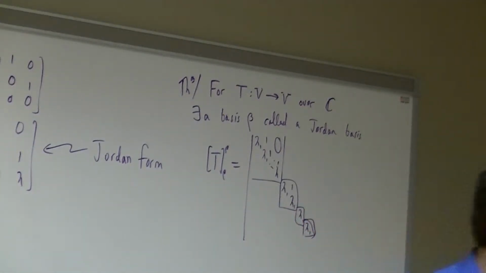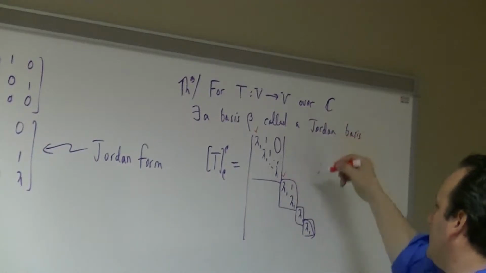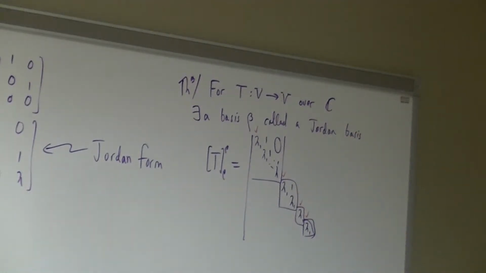That's what's going on here. So with what I've written so far, there's an eigenvector here, there's an eigenvector here, there's an eigenvector here. All right? So with the example I've written, there would be 4 eigenvectors.